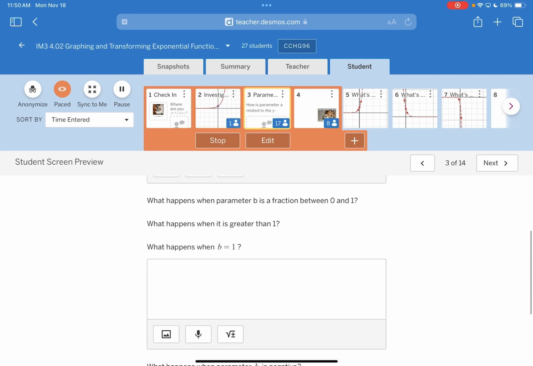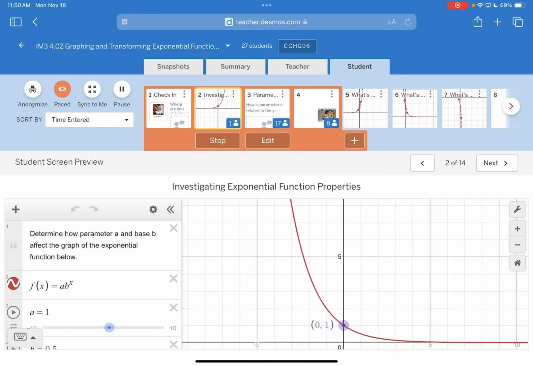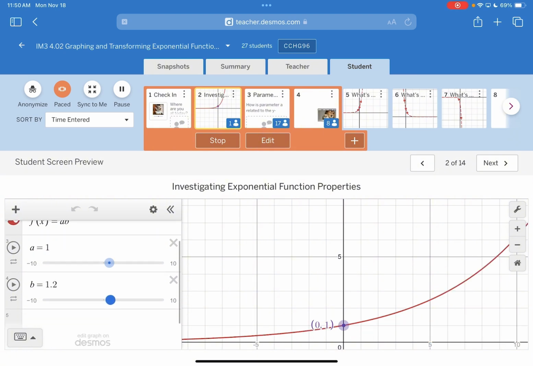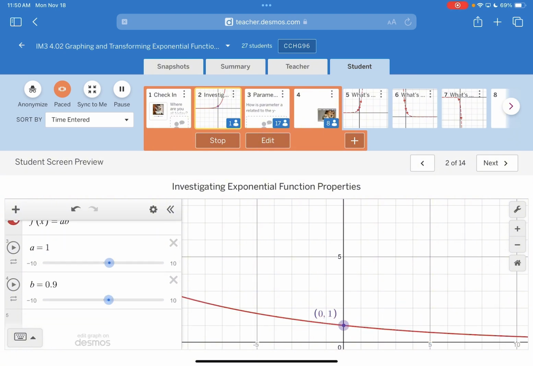Then we have what happens when b is equal to 1. Well, if we make the base exactly 1, then we have a straight line. Now, why do you think that is the case? If the base b is 1, why do we get a straight line that is equal to 1? Think about what happens to 1 when you raise it to a power.